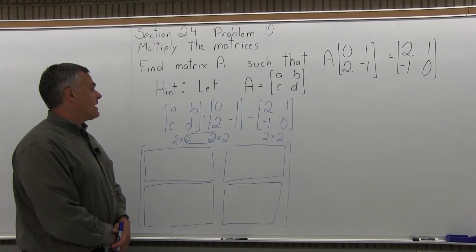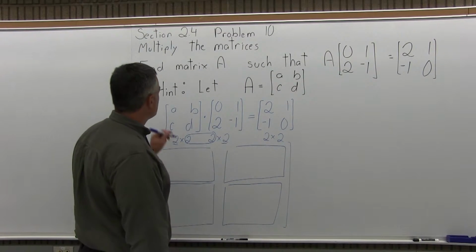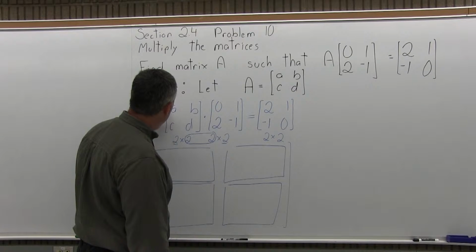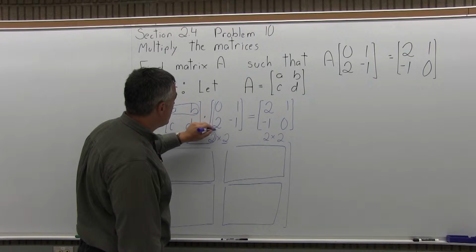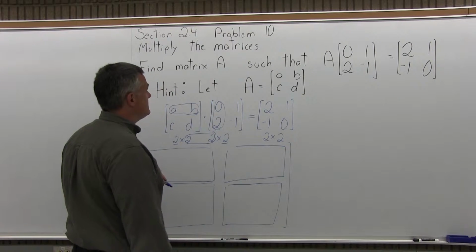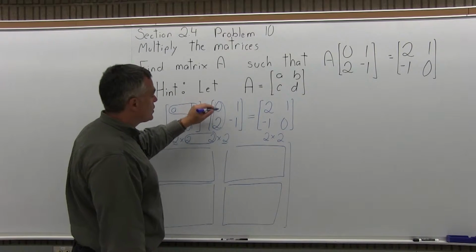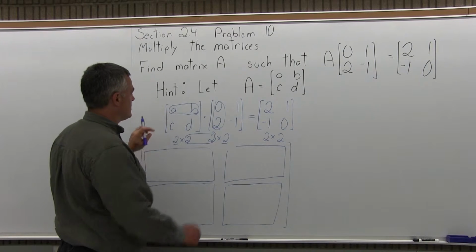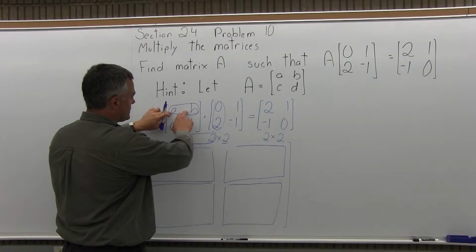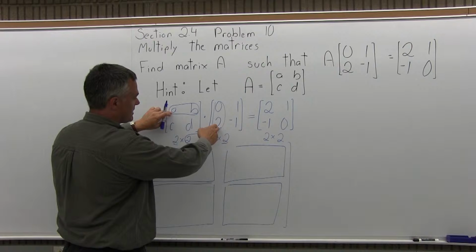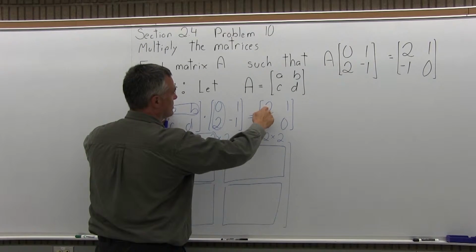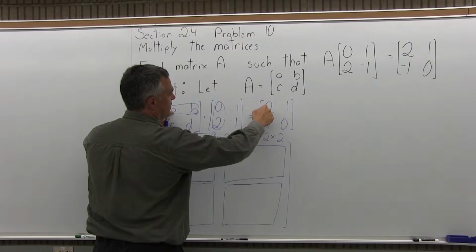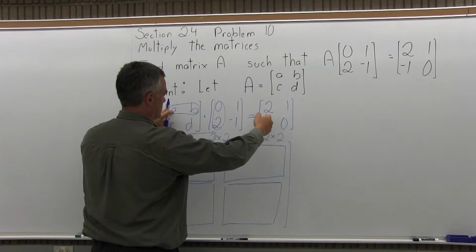And now I'm going to see what happens when I multiply the top row of the first matrix, a, b, times the first column of the second matrix, 0, 2. And I can see that the result I get has to be a 2. That's the value in the top row and first column of the solution.